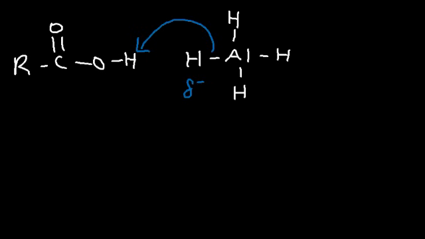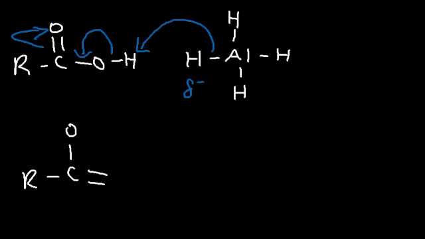And as that happens, the oxygen-hydrogen bond will break, a double bond will be formed, and this pi bond is going to break. So this is going to produce a carboxylate ion.